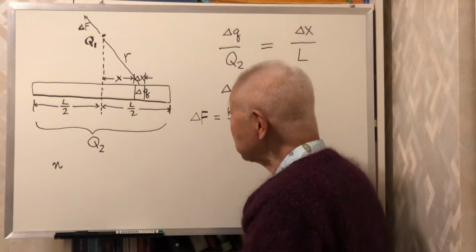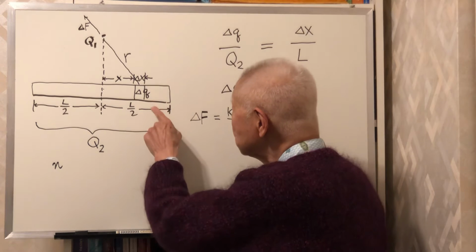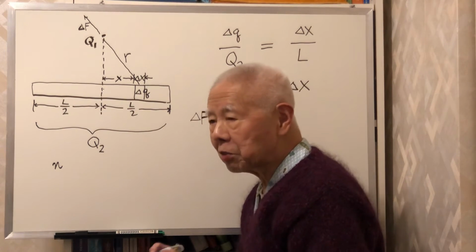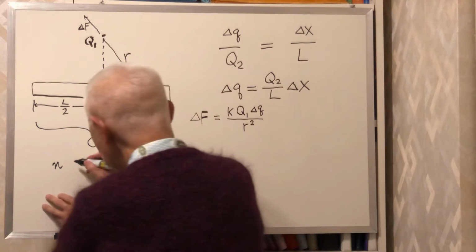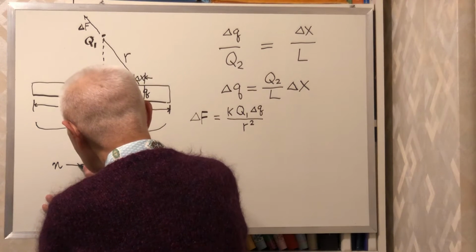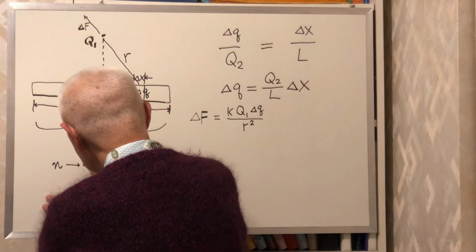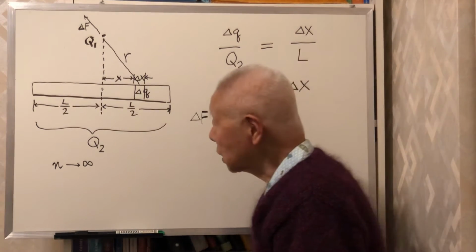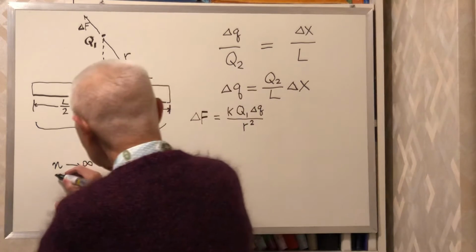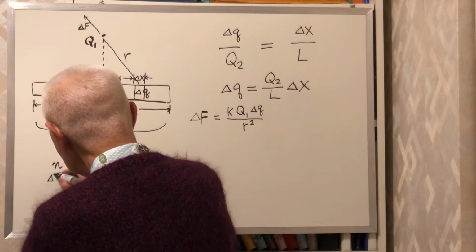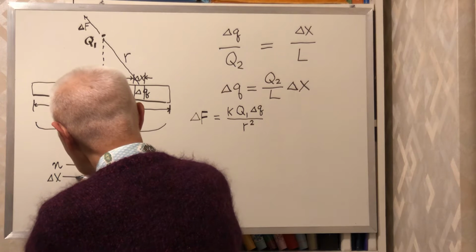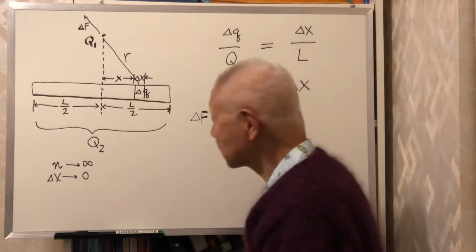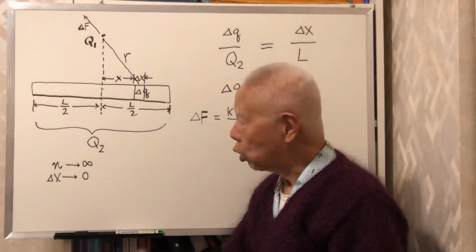Make delta x very small, which means the number of sections is very, very large. So when N approaches infinity, many, many small sections, which also means delta x approaches 0. We will do this.